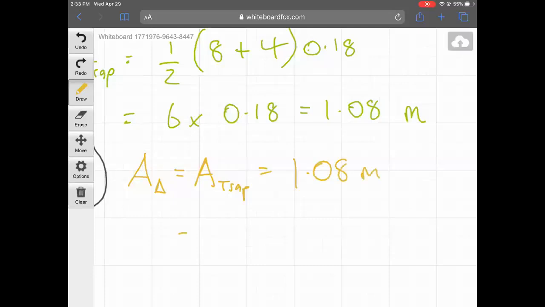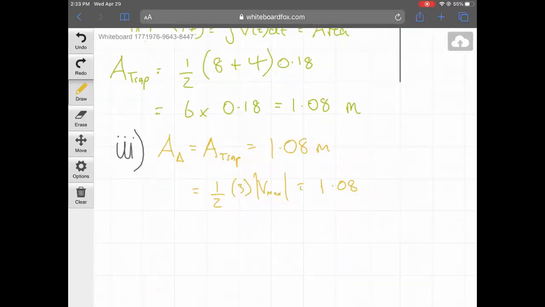And we know that the formula for the area of the triangle is 1/2 times the base, which we said was 3, times the height, which I called magnitude of Vmax, must be equal to 1.08. Now it's easy to solve. So we've got 2.16 divided by 3, the maximum speed. And I'm just going to use my calculator again because I can't do that in my head.